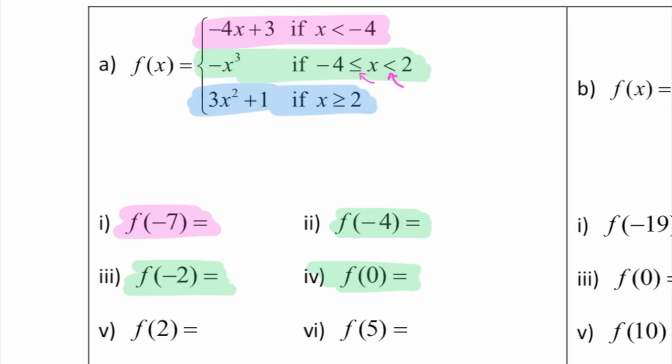Therefore, f of exactly 2 is going to be from that bottom or the blue piece of the equation, and so is 5.